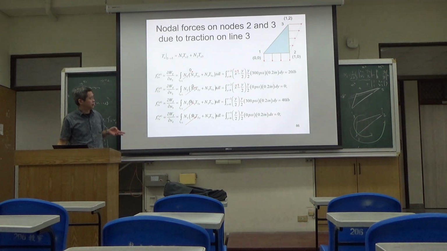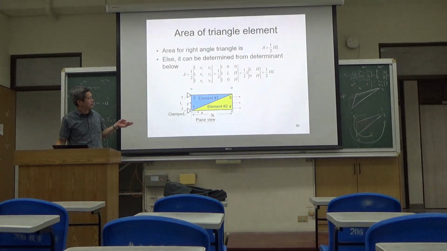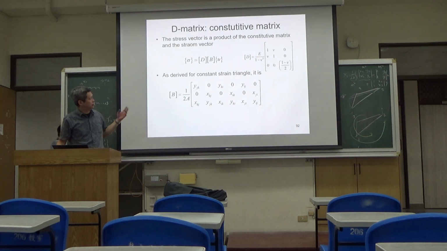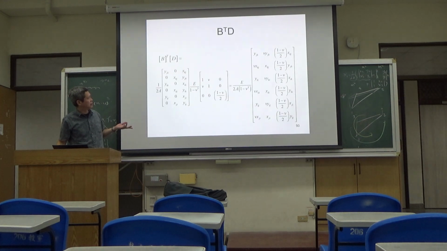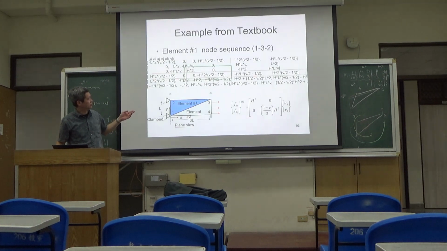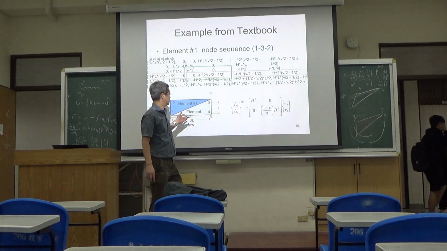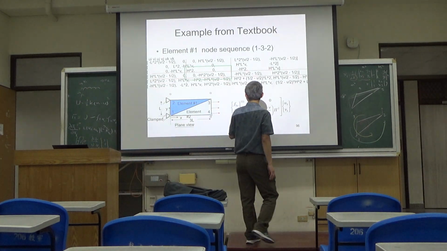Then we come back to our example just now. In this example, you have to calculate the B matrix and the K matrix, and you eventually want to find out the answer.